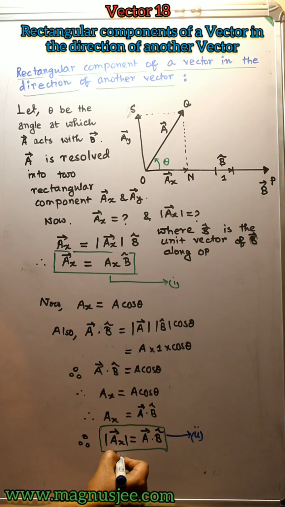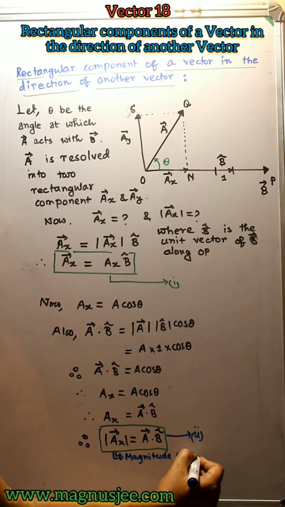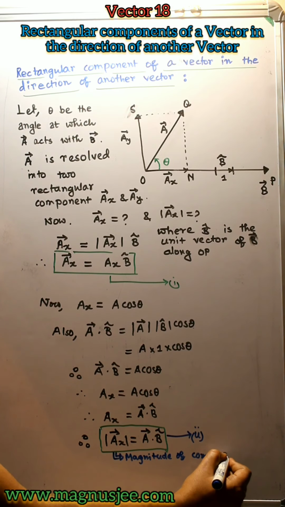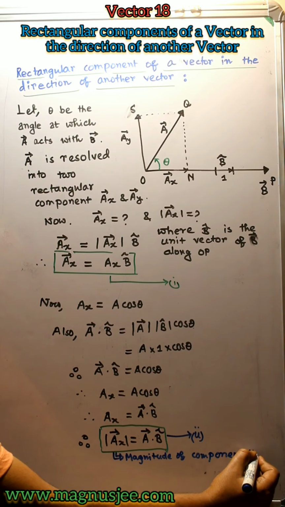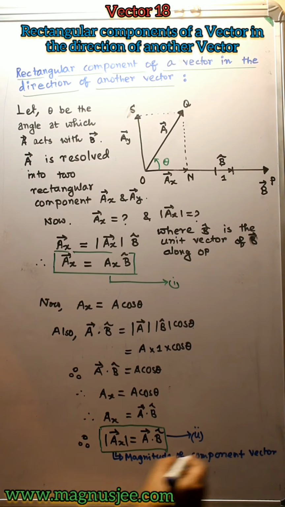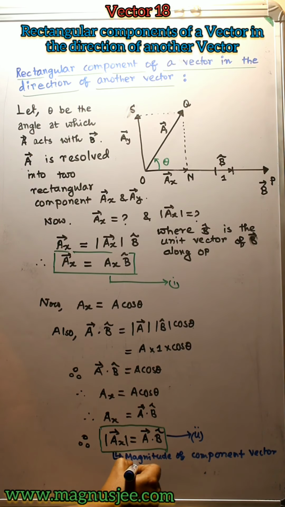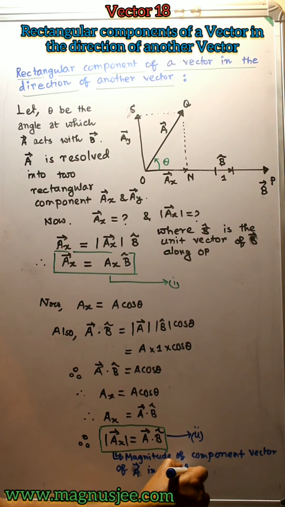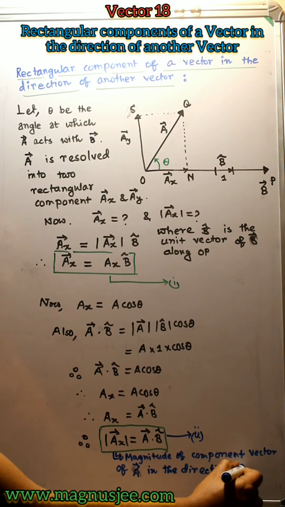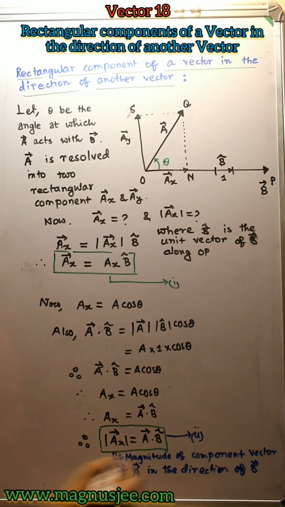And here we can write mod vector Ax means the magnitude of the rectangular component vector of vector A in the direction of another vector, vector B. Mod vector Ax equals vector A dot B cap.